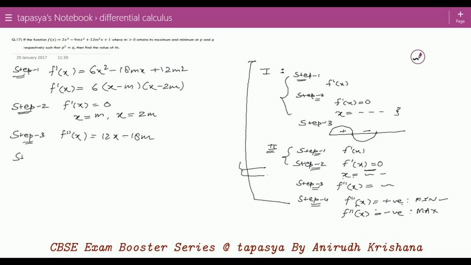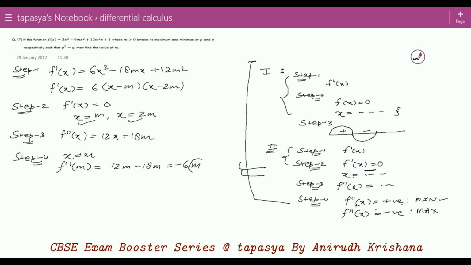Now in the 4th step, which is the resulting step, you have to check the value of f double dash x at these particular points where f dash x was 0. So first I am considering x as m, so testing the value of f double dash m, which equals 12 of m minus 18 of m, which results in minus 6 of m.